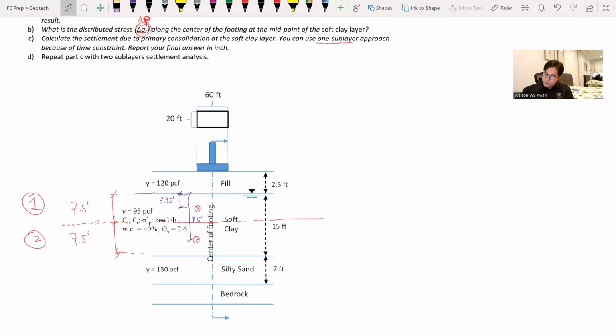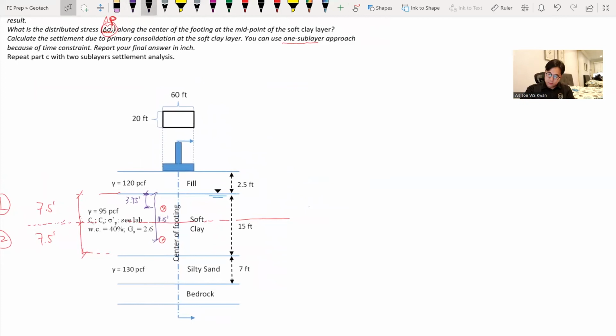So the first thing we do is look at the first layer settlement analysis. Again, first we calculate the stress.